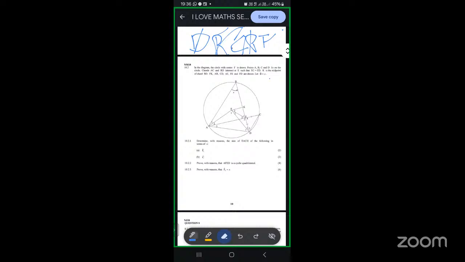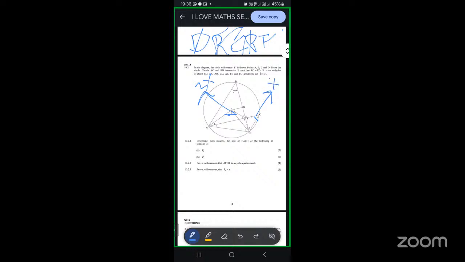You guys said this here is 2x, right? Yes, sir. And then you also agreed that this angle here will be x, that one there, right?